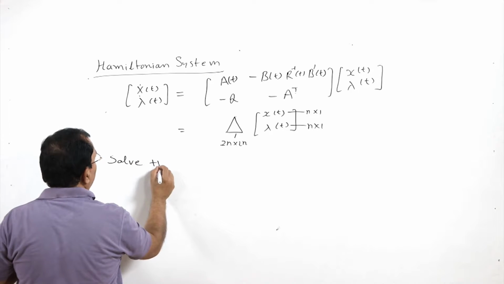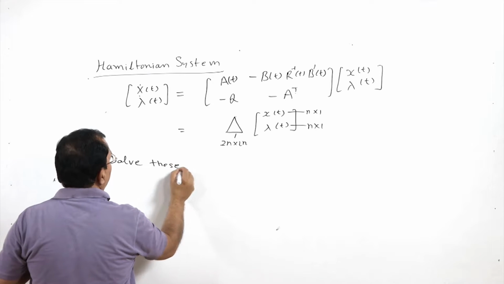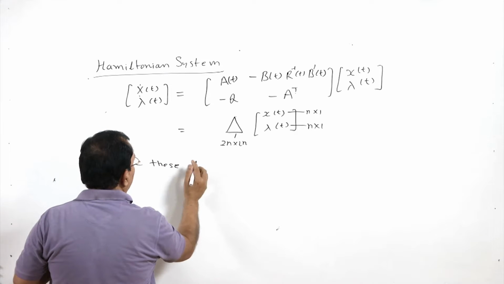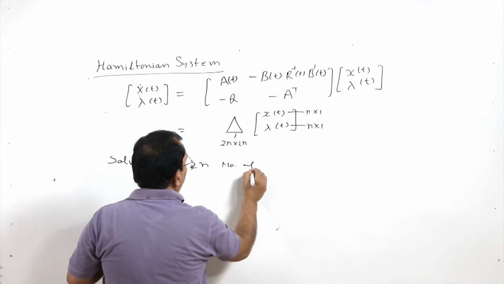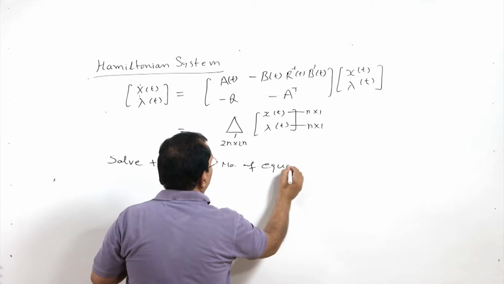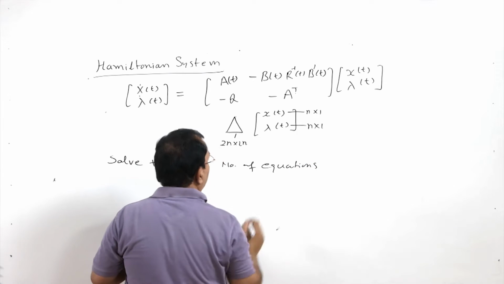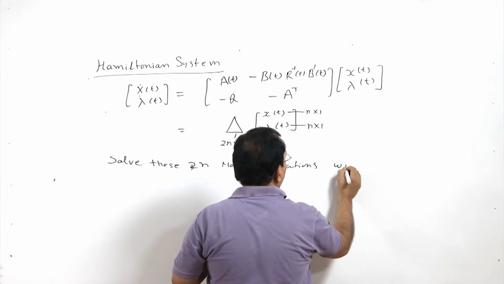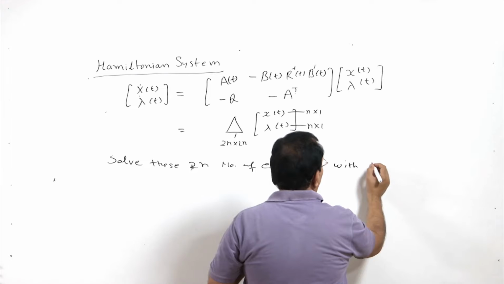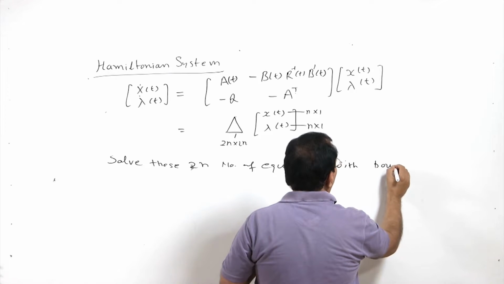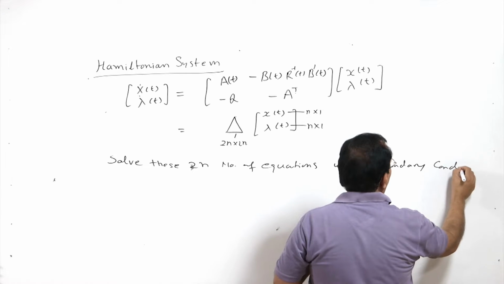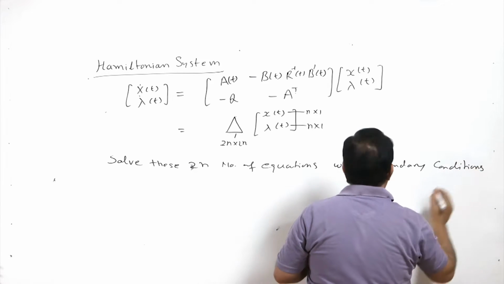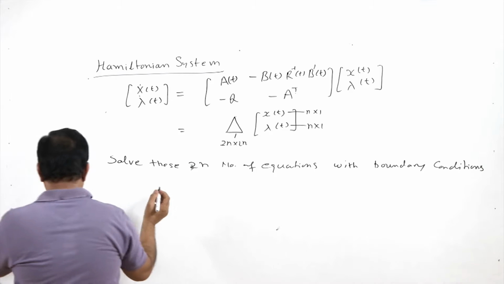We have to solve these 2n number of equations with boundary conditions. What conditions do we have?